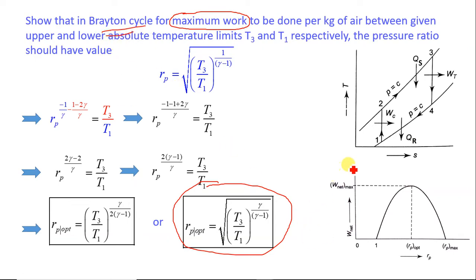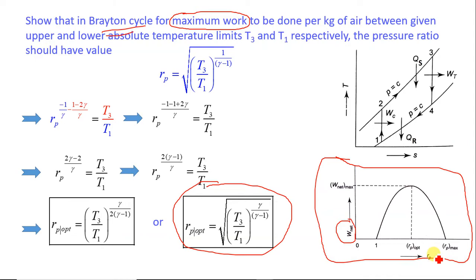Now understand this graph. This graph is important from the GATE exam point of view or MCQ point of view. This graph is W net versus pressure ratio. When the pressure ratio is optimum, W net is W net max. That is the derivation which we have seen over here. When the pressure ratio is 1, what is the pressure ratio?